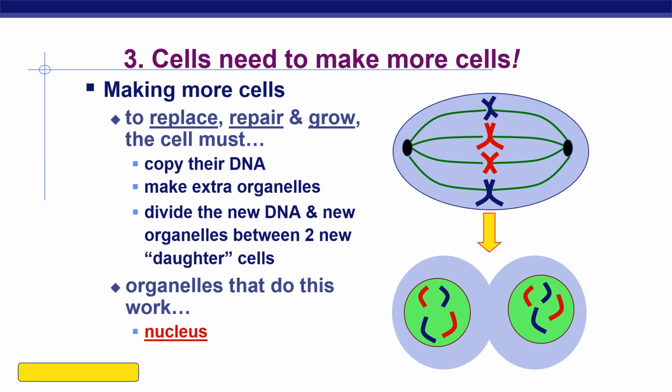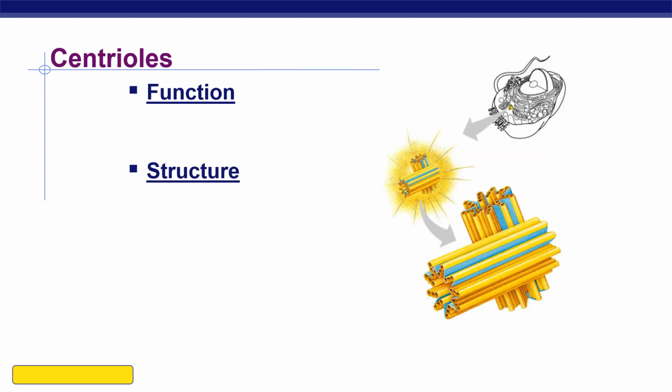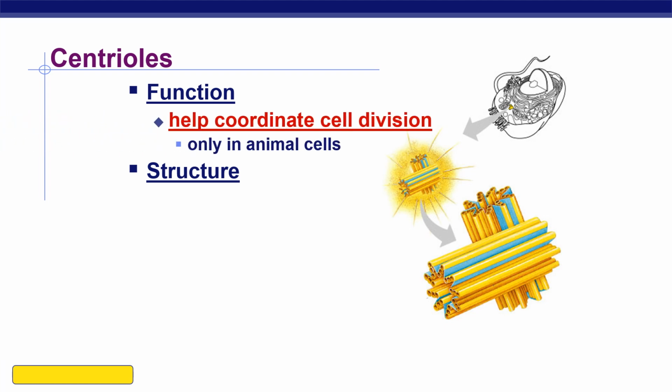So what organelles do this work? We have the nucleus and the centrioles. Okay? So there, the centrioles help coordinate cell division. By the way, this is only in animal cells.